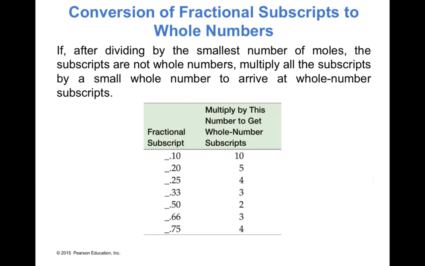So, for example, if the fractional subscript you have is 0.1, you multiply by 10; 0.2, you multiply by 5; 0.25, multiply by 4; 0.33, multiply by 3. So if your subscript is any of these, this is the factor that you need to multiply by to eventually have a whole number.